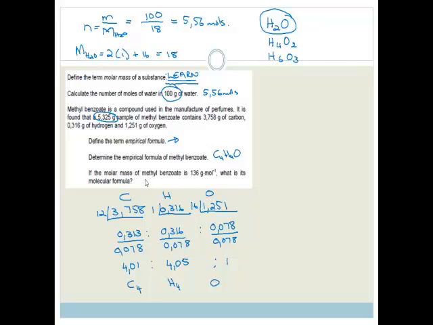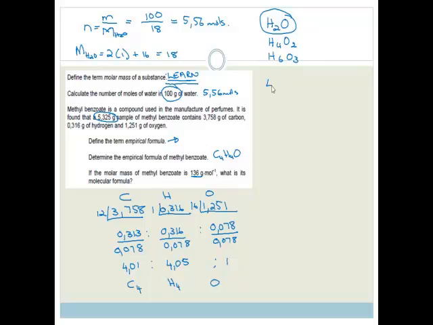Now it says if the molar mass of the methyl benzoate is 136 grams per mole, what is the molecular formula? So we need to work out what this empirical formula is first.